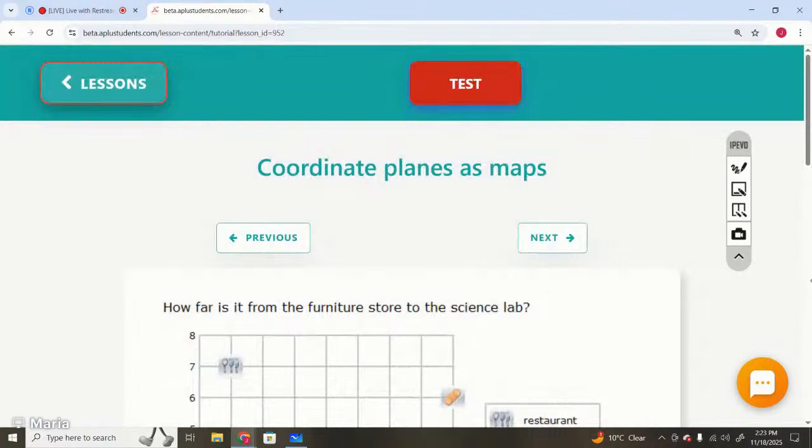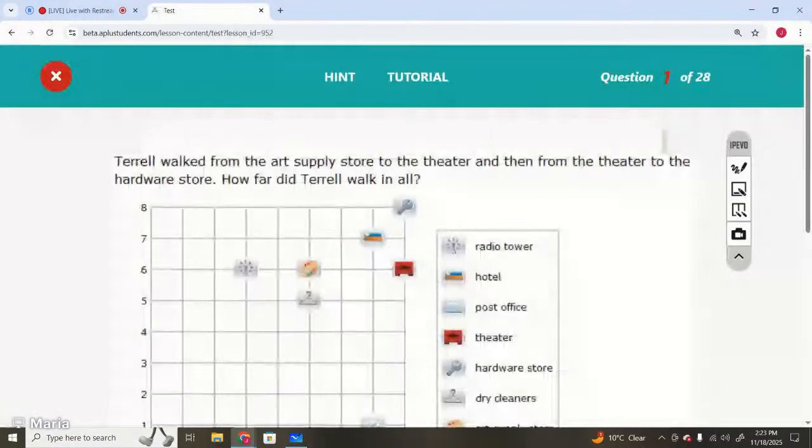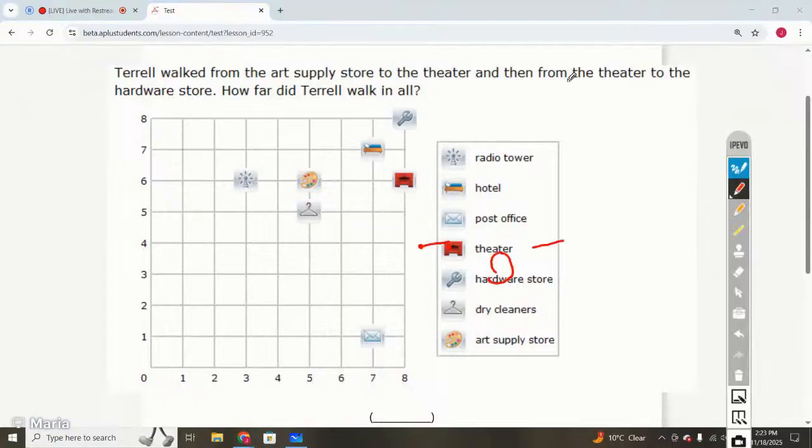Let's just start with the test questions. Daryl walked from the art supply store to the theater and then from the theater to the hardware store. How far did Daryl walk in all from theater to hardware store?